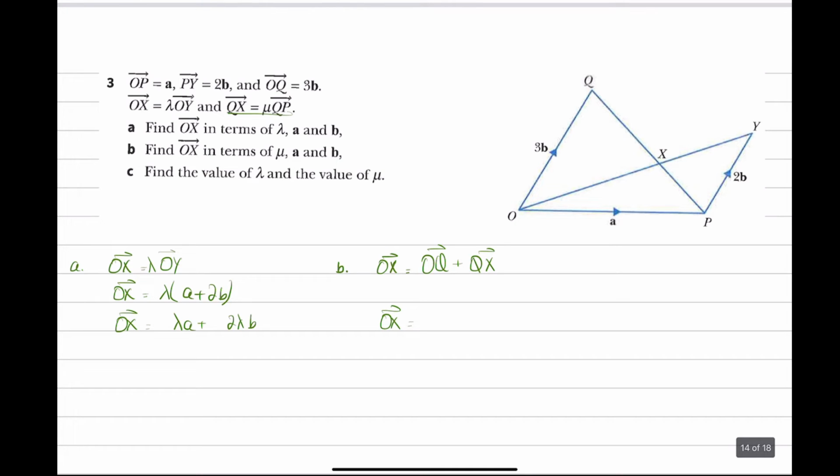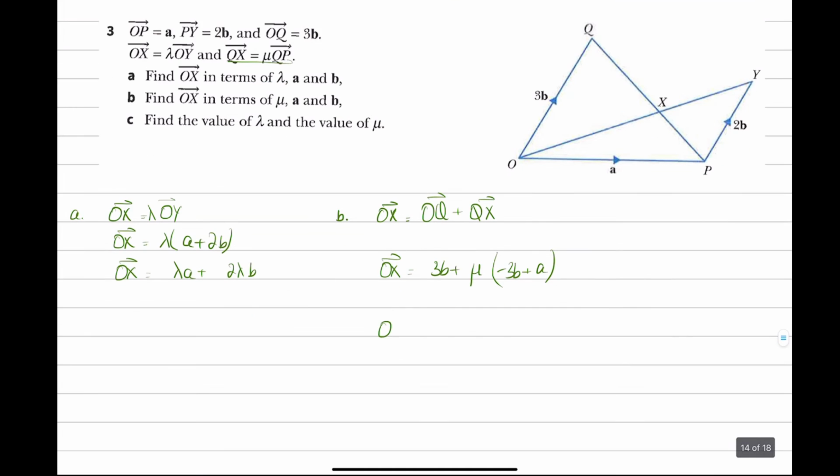So OX is equal to OQ, which is 3b, plus mu times QP. Now QP is something we will have to find out, so we can do that very easily. From Q to O is minus 3b, and from O to P is a. So OX equals 3b minus 3 mu into b, plus mu a.